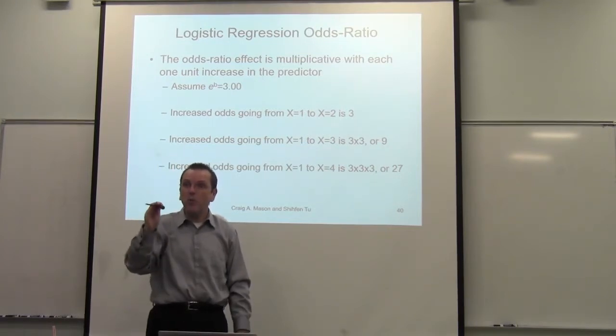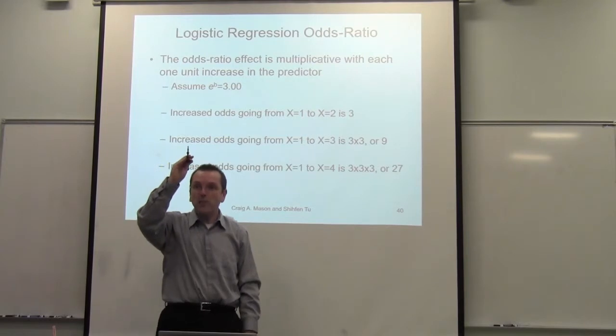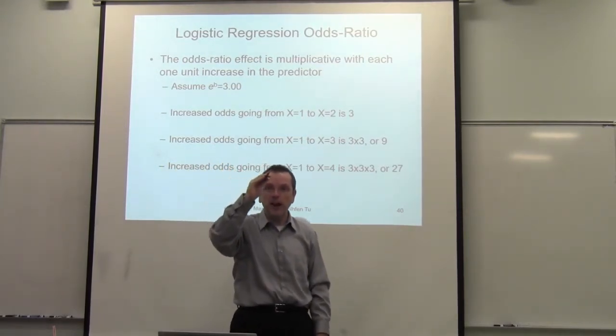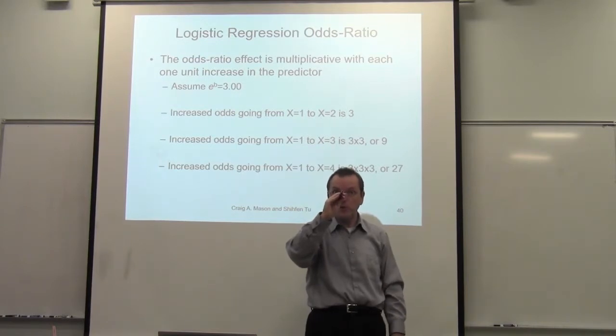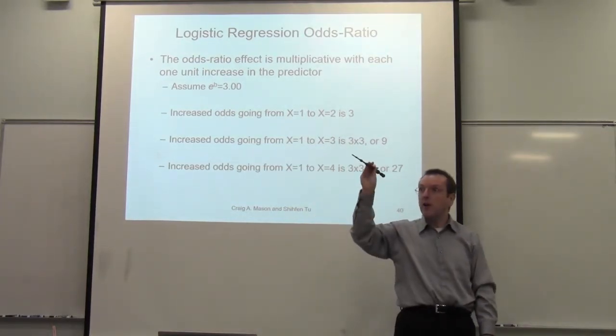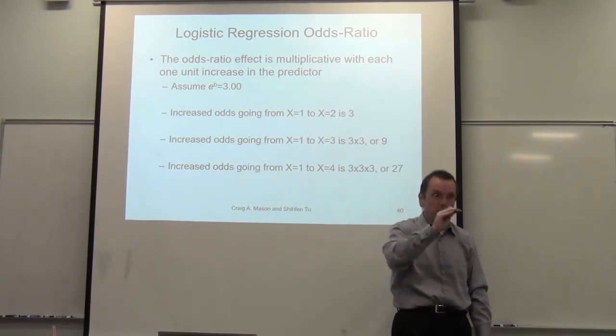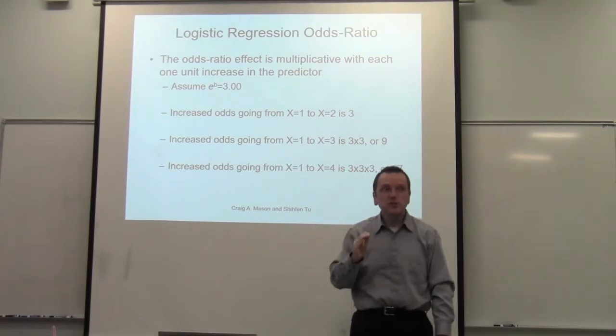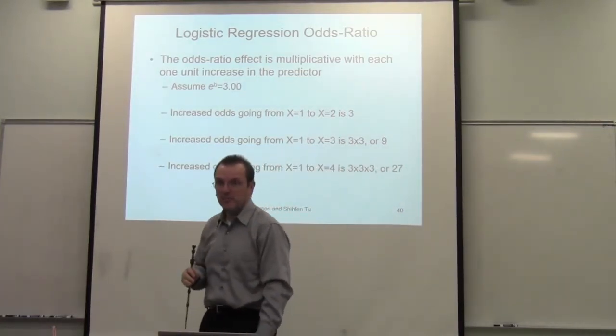So if I work one more hour a week, how much does my GPA go down? 0.1. I work another hour, my GPA goes down 0.1 again. I work another hour, it goes down 0.1 again. So it goes down 0.1, 0.2, 0.3, 0.4. Right? It's additive. With logistic regression, it's multiplicative.